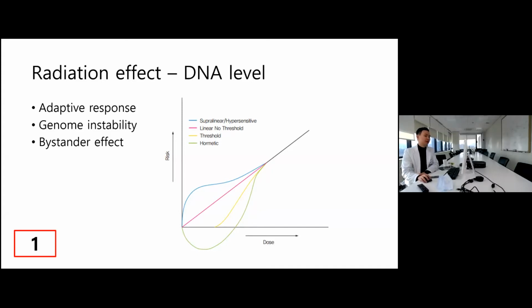Actually, the answer should be two, because as I told you in the previous slide, the bystander effect is shown to have both detrimental and advantageous effects. So this kind of graph may show such an advantageous response, and you can think that for the adaptive response, the graph might look like this.